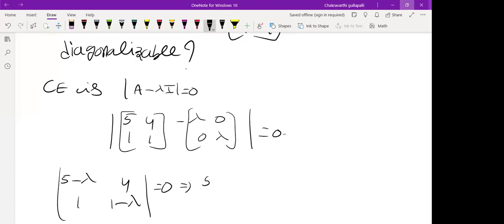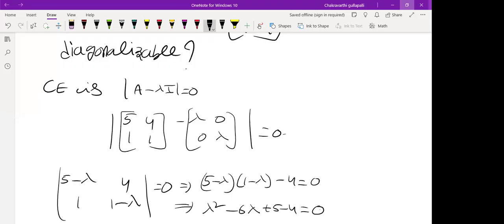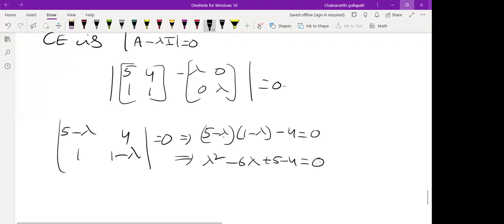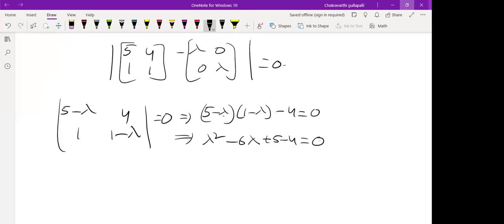That means (5 minus lambda)(1 minus lambda) plus 4 equal to 0. Lambda square minus 6 lambda plus 5 plus 4, equal to 0, which implies lambda square minus lambda plus 1 equal to 0.